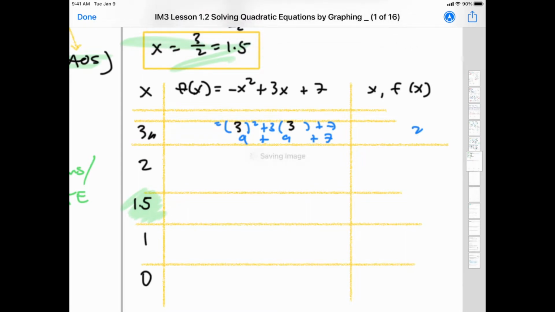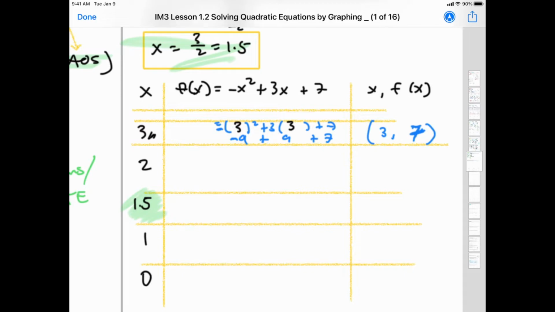But 3 squared times 9, 18 plus 7. Oh, did you guys see what I forgot? Super important. Negative. So 3 squared is 9. Opposite of 9 is negative 9. Negative 9 plus 9 is 0, and that will give us 7.